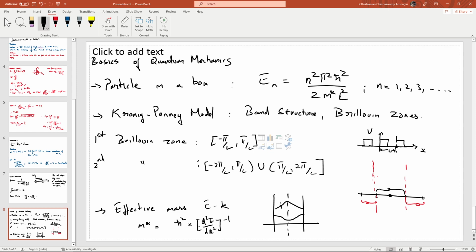For a minima criteria, the second derivative has to be positive. So this is the band minimum, therefore at this point m star is positive. At this point, because this is the maxima, m star is negative. So if the second derivative is going from positive to negative, somewhere in between, the second derivative will become 0.